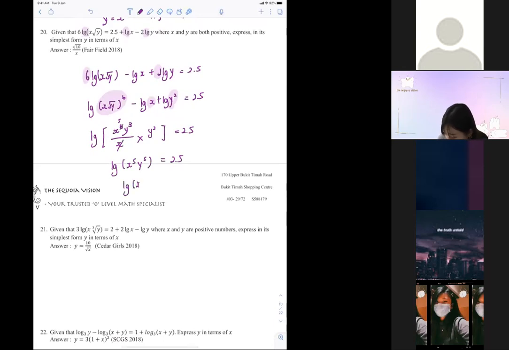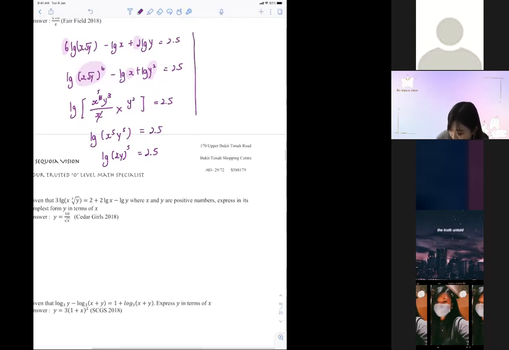When the power is the same, you can bring out here. Okay, slowly simplify. Then power can bring down.